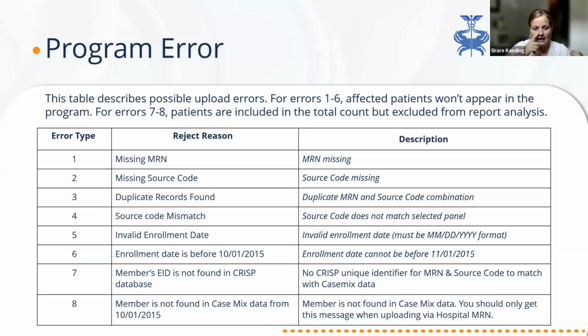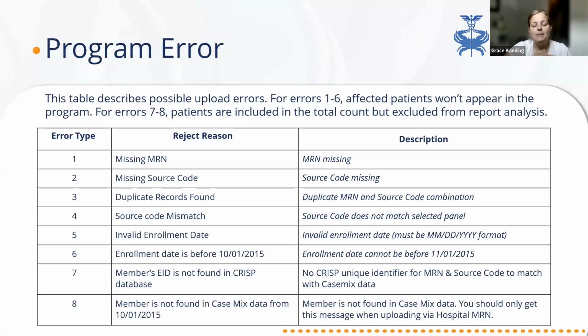But for error 7 and 8, members EID not found in Christages just means that we could not find a unique identifier for that MRN and source code to match with case mix. Something might have happened during upload. This one's kind of hard to figure out, but it shouldn't really happen often.